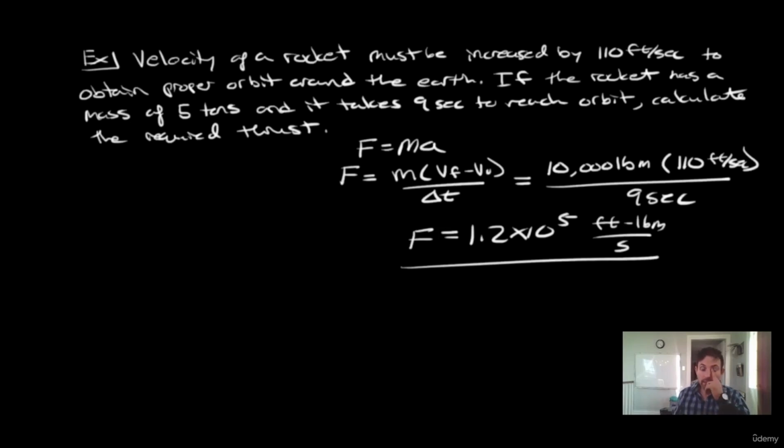So you can see how we can calculate force knowing change in velocity and mass. And what you'll also notice is this mass and this velocity is the momentum, or the change in momentum.